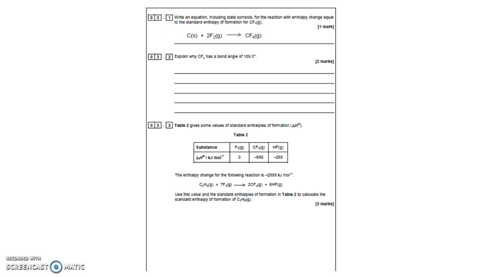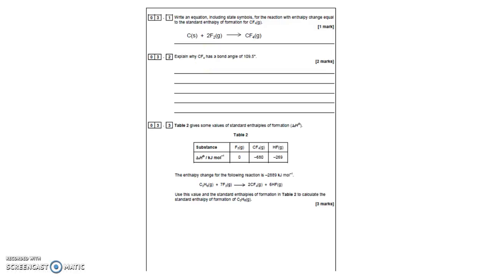Carbon is a solid, so S for solid, carbon solid, and 2F2. Fluorine is in group 7, wants to gain an electron, so they pair up in twos to each gain an electron by using a covalent bond, and I'll need 2F2 to make the 4F on the right hand side, and of course the gaseous, because fluorine is a gas.